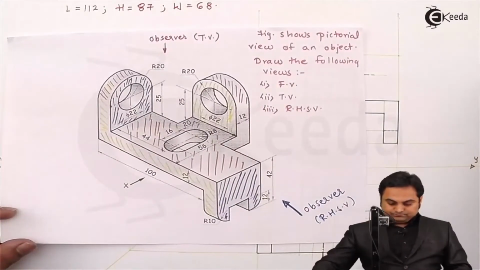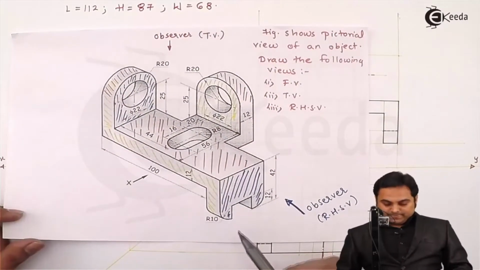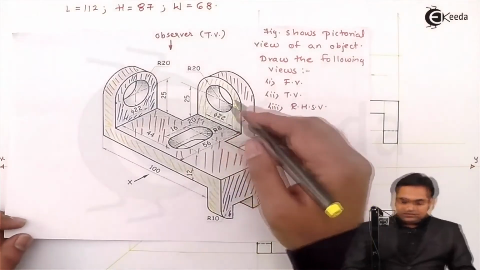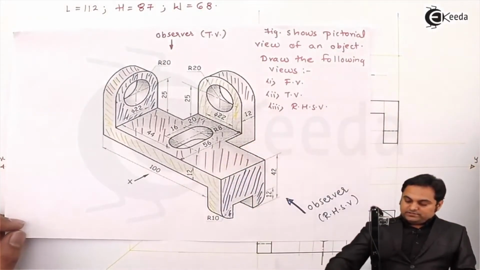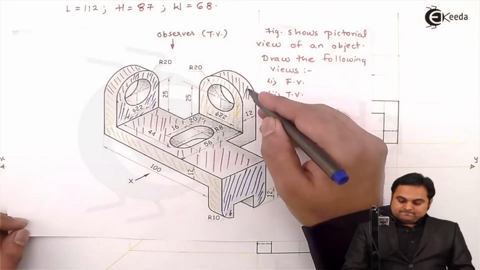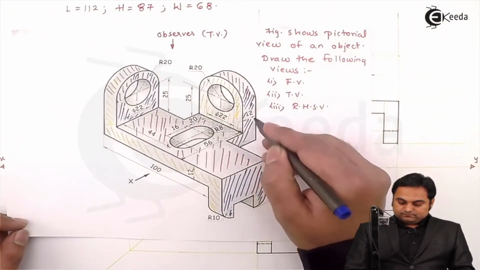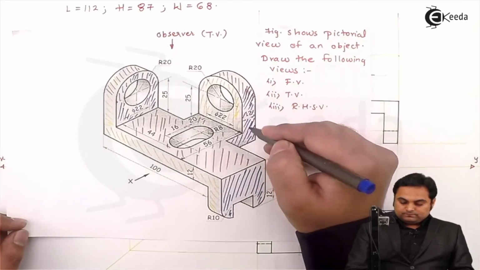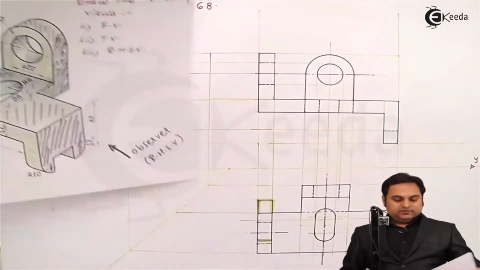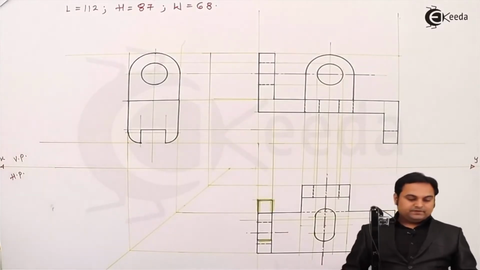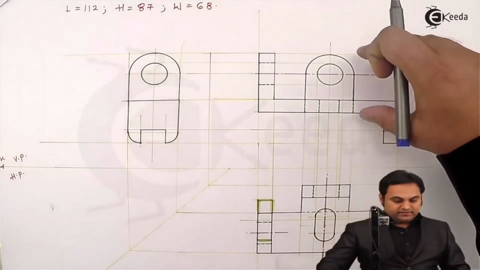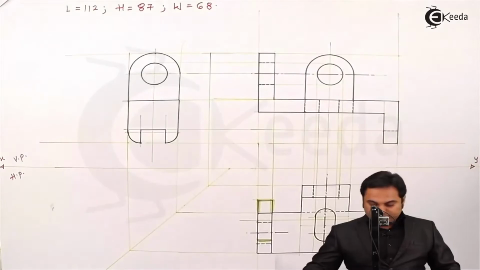Then looking from the side, this part, that is the vertical surface, is also visible. So projecting it, its height we can get directly from the front view.